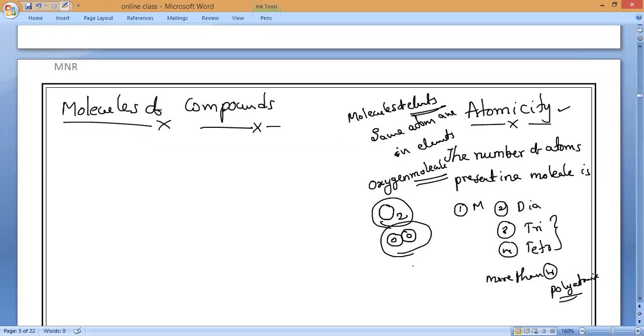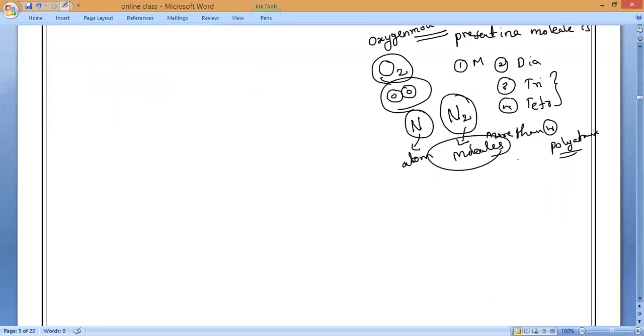If we take nitrogen, the atom is N. What is the nitrogen molecule? N2. See the difference: this is the atom and this is the molecule. Very important when we are solving the mole concept. Two nitrogen atoms are present together in the nitrogen molecule.